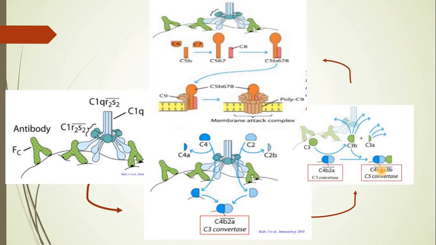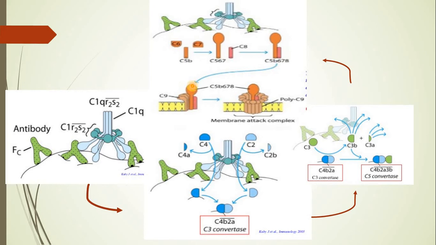Now this C5 convertase will be useful in bringing about association of C6 and C7 complements. When C6 and C7 come into association with the C5 convertase, it results in formation of a membrane complex which will be seen attaching itself to the membrane of the cell which shows presence of antigen.